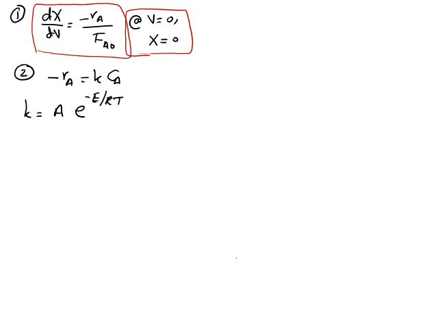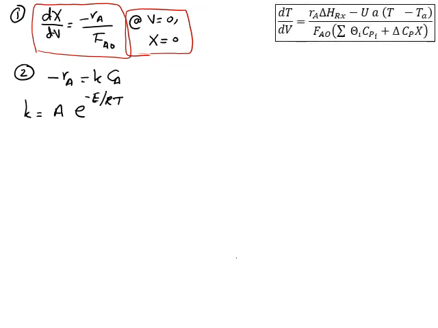So for the generic case, the most general applicable equation is this equation, dT by dV. So let's write it down. However, I'm going to do a little bit of modification on this equation without changing it. It's only an alteration.